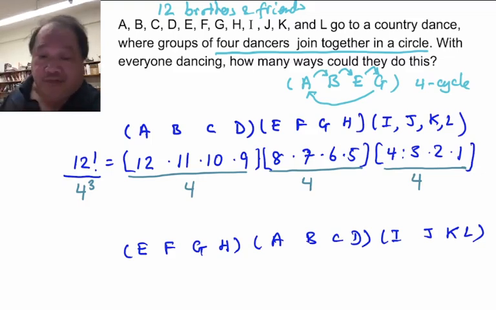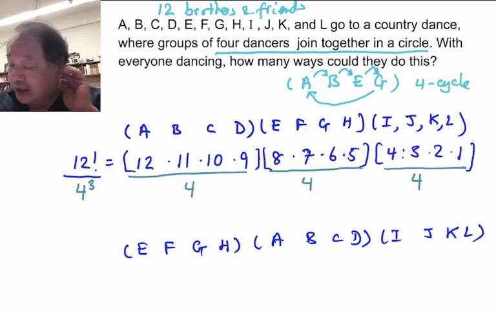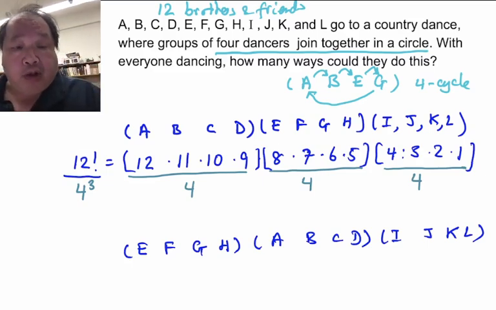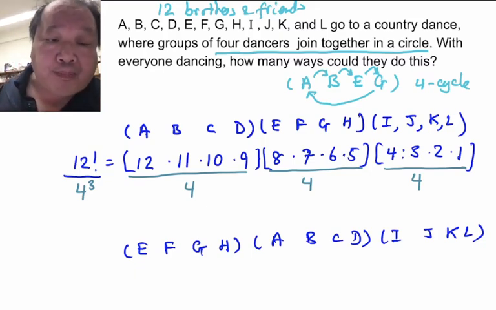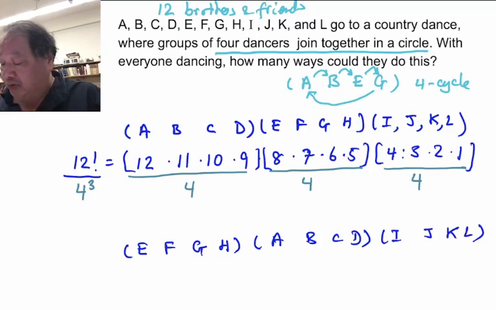One group is the EFGH group, one is the ABCD group, one is the IJKL group. And so how many different ways are there that putting them in like this?